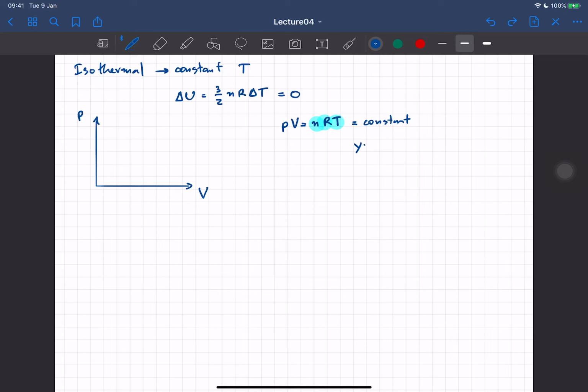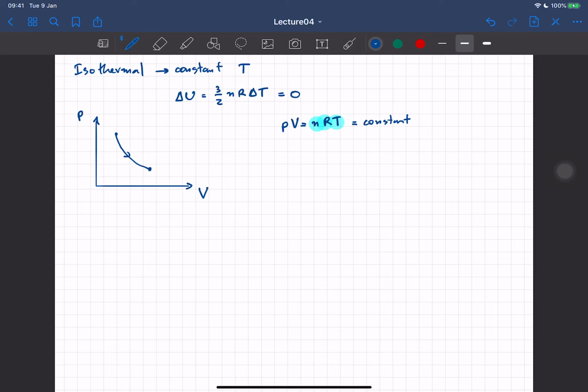Okay. So a constant temperature curve is a hyperbola on the PV diagram. For example, if you are here at this point, you want to expand the volume, but you want to keep the temperature constant. You have to move along a particular curve, which is a hyperbola, and reach the destination.